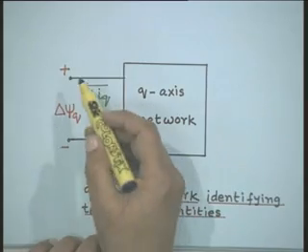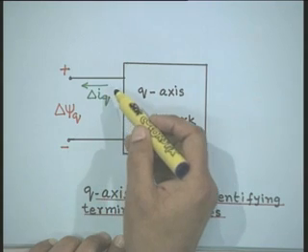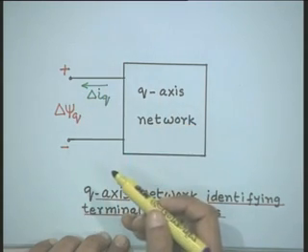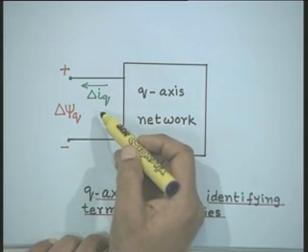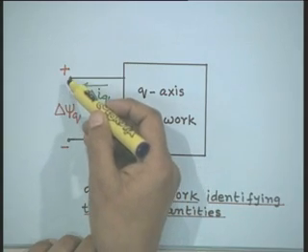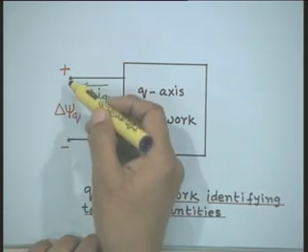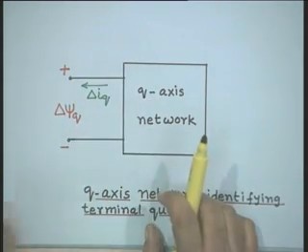This diagram represents the Q axis network. In this Q axis network, we represent the current leaving the network as IQ, and at the terminals we look for the quadrature axis flux linkage psi q.